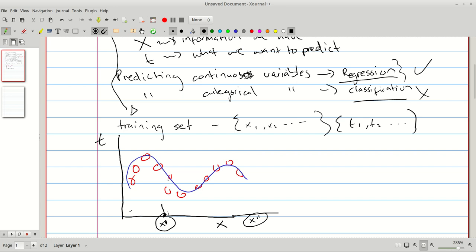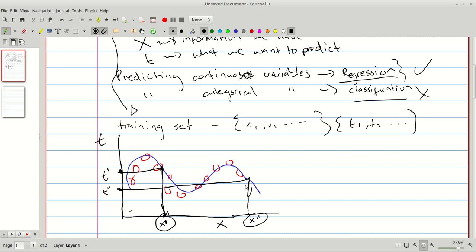You just go up to this point, and the corresponding t is this one, t prime. Or for this one, the corresponding t is here, t double prime. You can make these kinds of predictions once you have this blue line here.